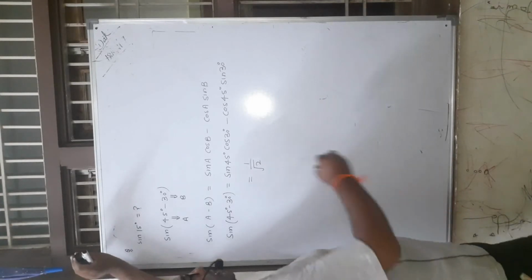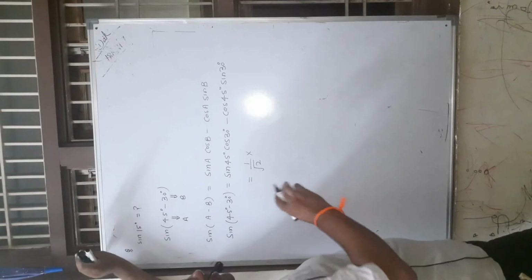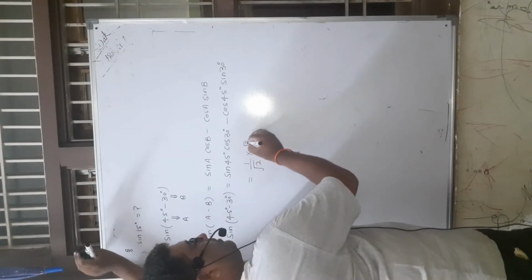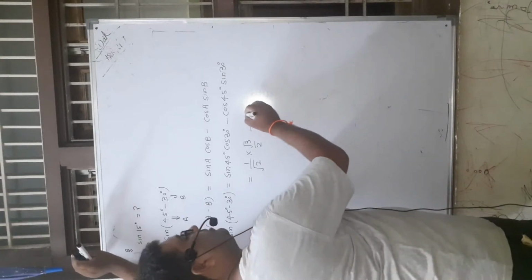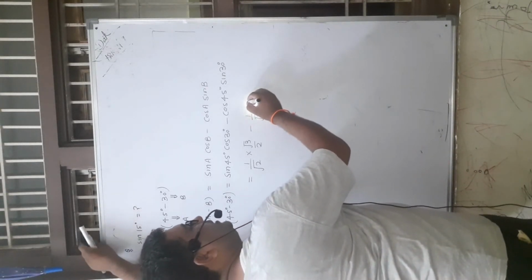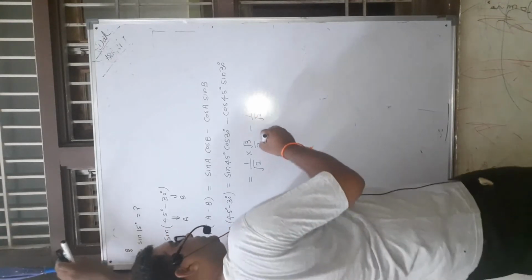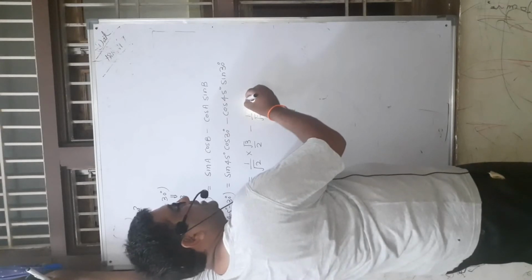All of you know. And cos 30, as we know, smaller the angle in cos, larger the value. Cos 30 is equal to root 3 by 2, minus cos 45. Cos 45 is equal to 1 by root 2 and sine 30 degree. What will be sine 30?